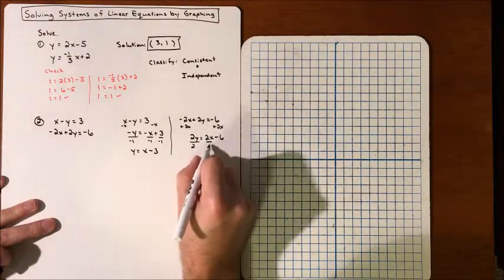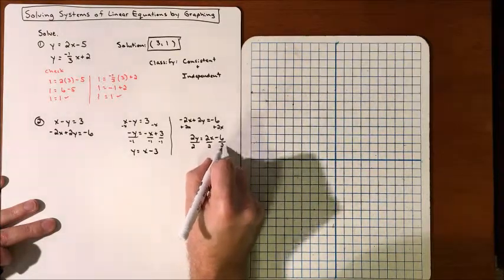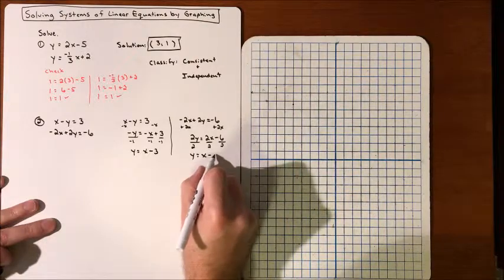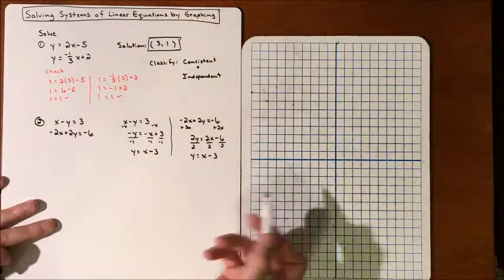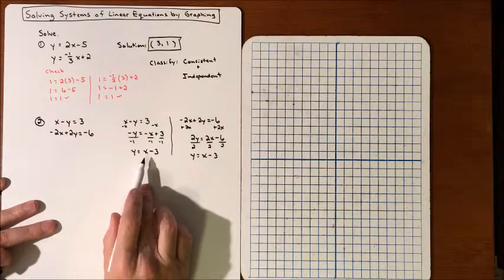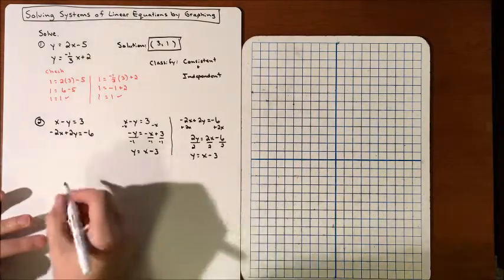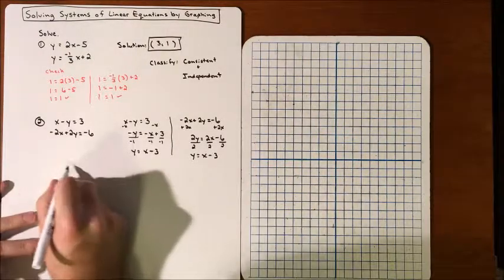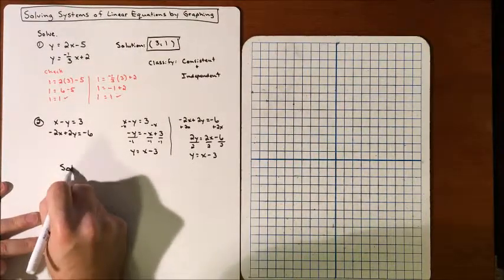Divide every piece by 2 to get y by itself. So y equals x minus 3. So before we graph them, we have the exact same equation. So visually, we have the same line. So we have to understand what that means as far as the solution goes.